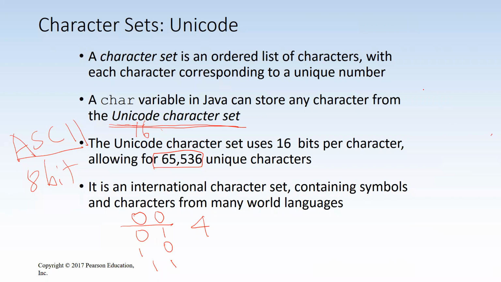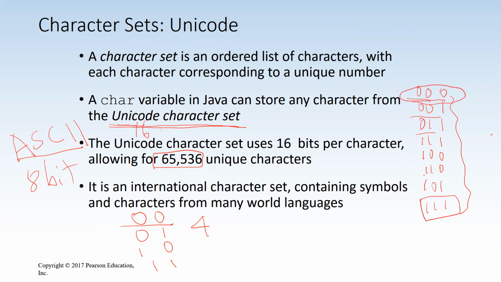If you have 3 bits, then you can have this, and this, and this, and this, and this, and this. So if you have 3 bits, you can have 8 characters. So you arrange the zeros and ones differently. You have those permutations, and therefore you can use this to represent black, this to represent white. That's what the RGB represents.